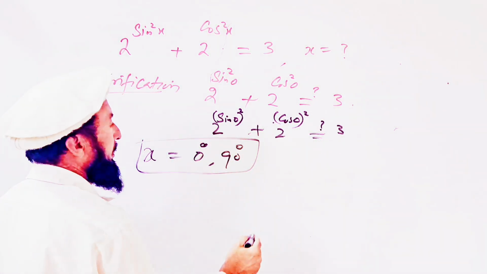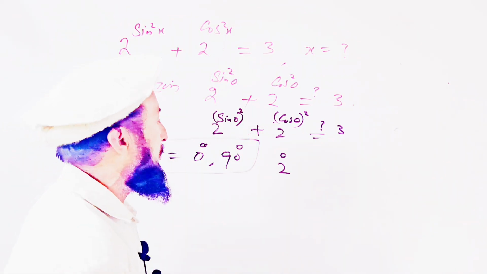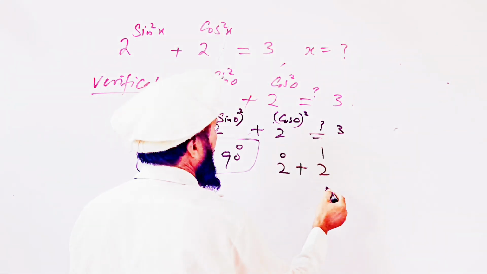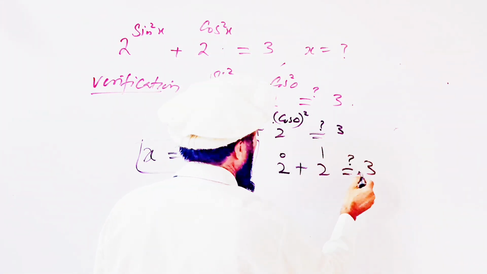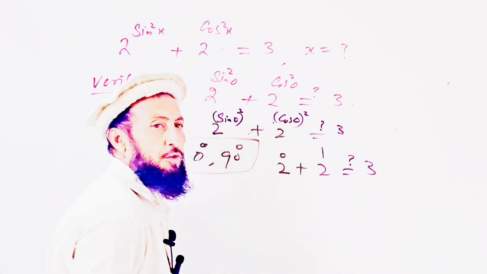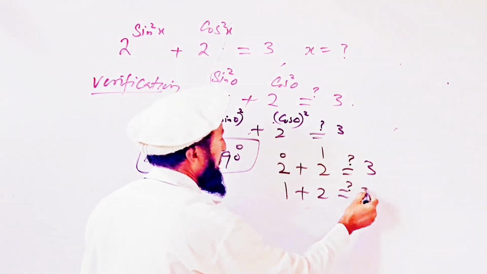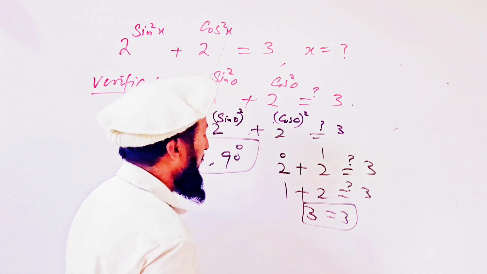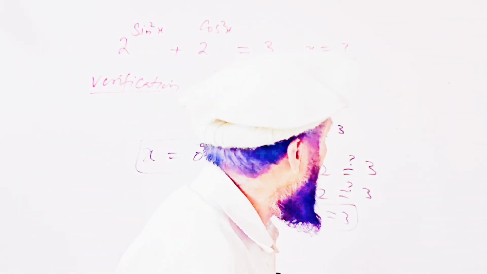Now sine 0 is equal to 0, and its square is 0. Cos 0 is equal to 1, and 1 square is also 1. Anything raised to the power 0 gives 1, so 1 plus 2 is equal to 3. So 3 is equal to 3. We have verified this answer, so our answer is correct.